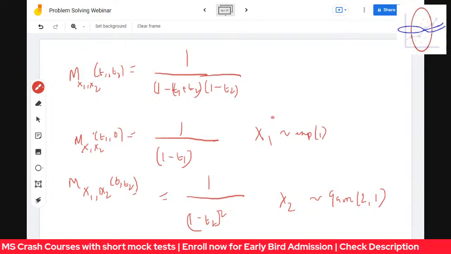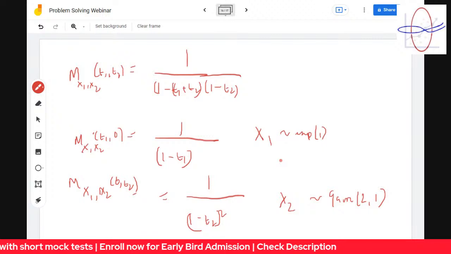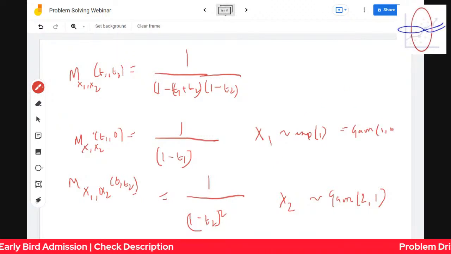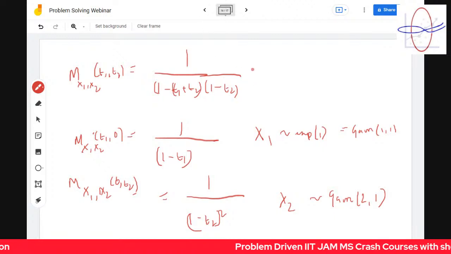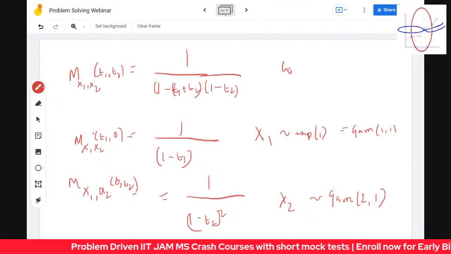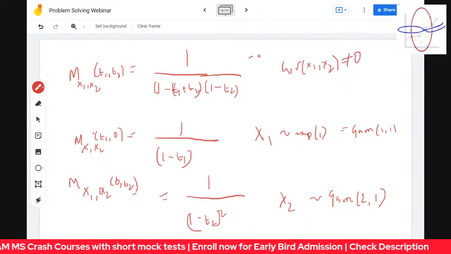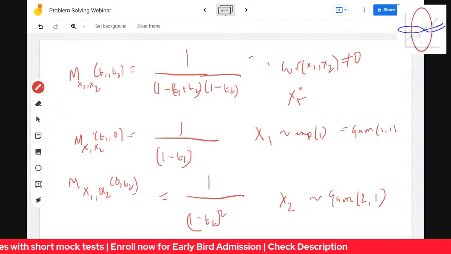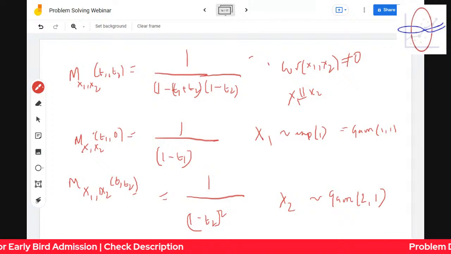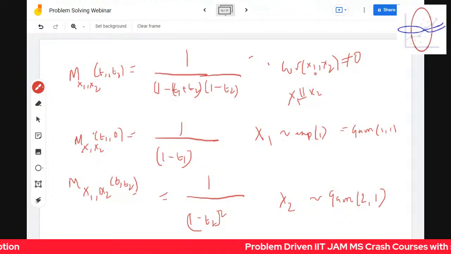The thing is that if they were independent and you added x1 plus x2, you would get another gamma, because this is gamma 1 comma 1, I guess. But they are not independent, they are together. X1 and x2 have covariance not 0. So you cannot write the summation, because the summation of independent exponentials or gammas is a gamma, but not for non-independent variables. How can we understand it?